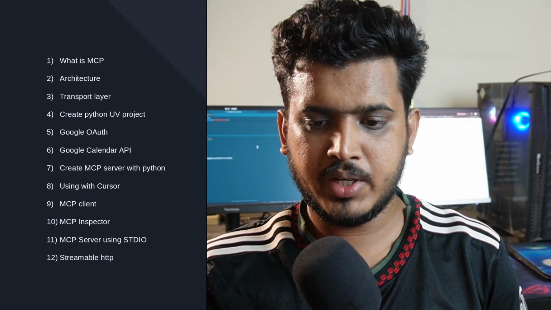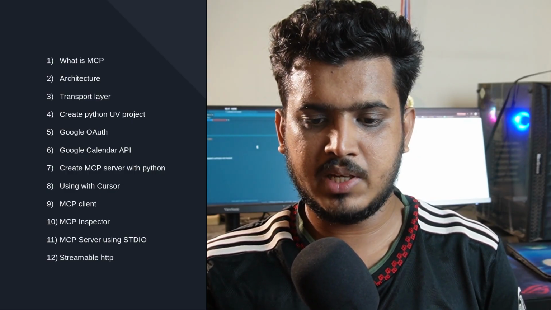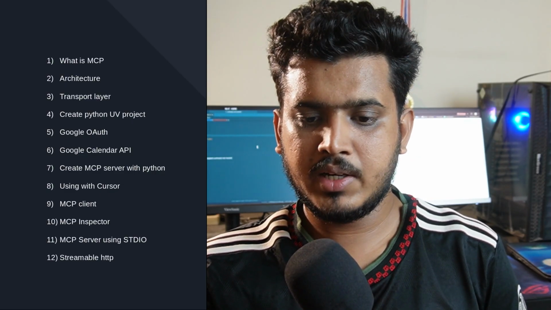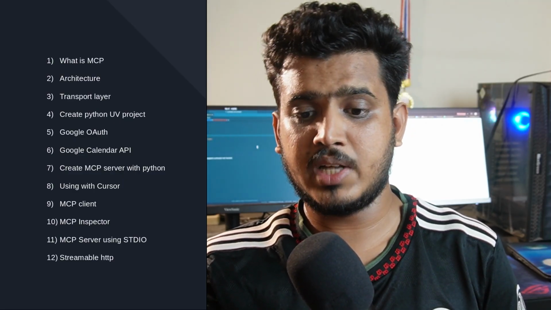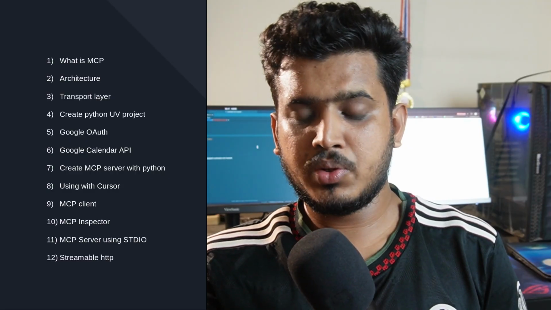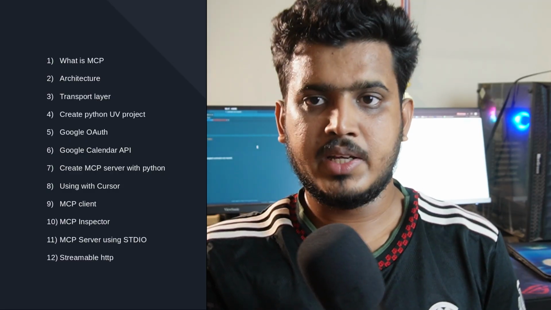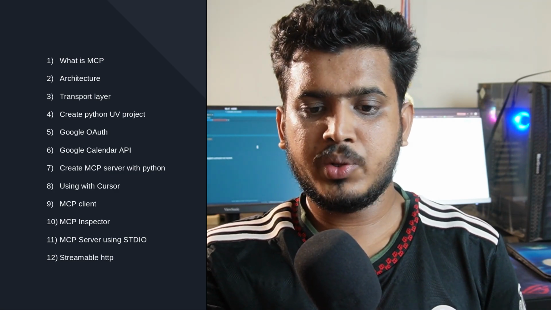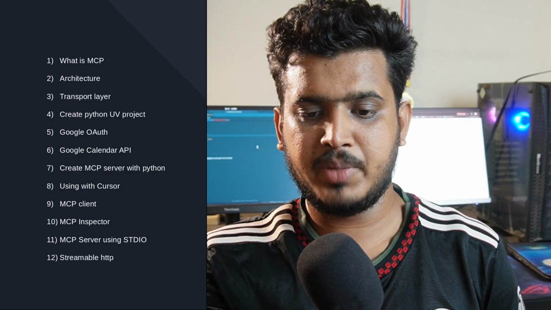Here is what we are going to cover today. We are going to learn about what an MCP server is. We are going to learn about the architecture of an MCP server. We are going to use the transport layer. We are going to create a Python project with UV, which is a new package manager. We are going to use Google Auth and Google Calendar API as well.